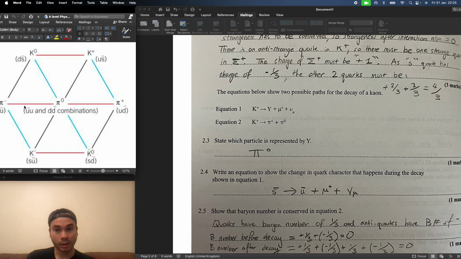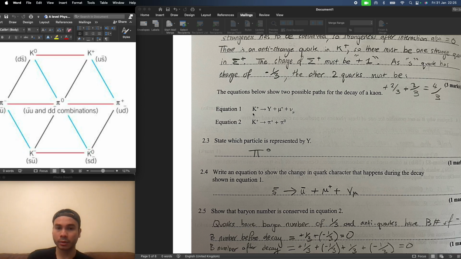So the kaons are going to decay into pions. And let's look at the charges. We have a plus charge on the left, a plus charge on the right, and a neutral charge here. So this can't be a plus charge or a minus charge, so it's got to be a neutral pion. Okay, so that's my line of reasoning there.